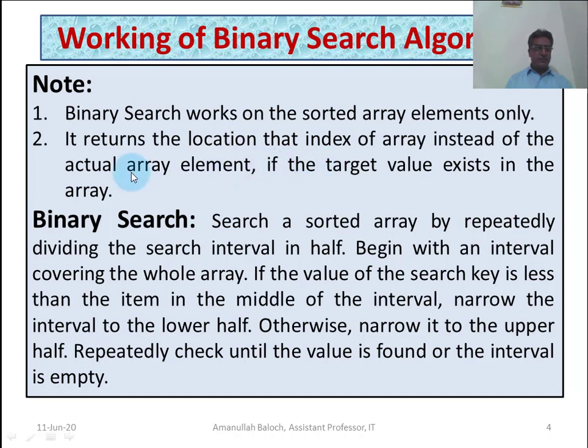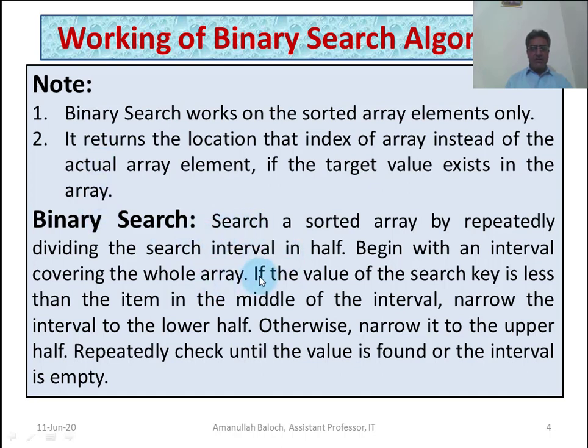Binary search searches a sorted array by repeatedly dividing the search interval in half. Begin with an interval covering the whole array. That is, if there are 16 elements, then it will accept the 16-element array.